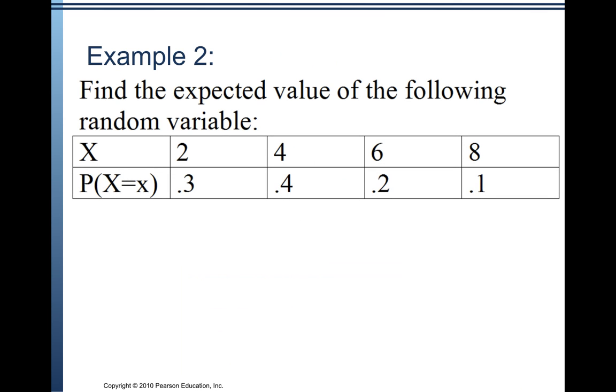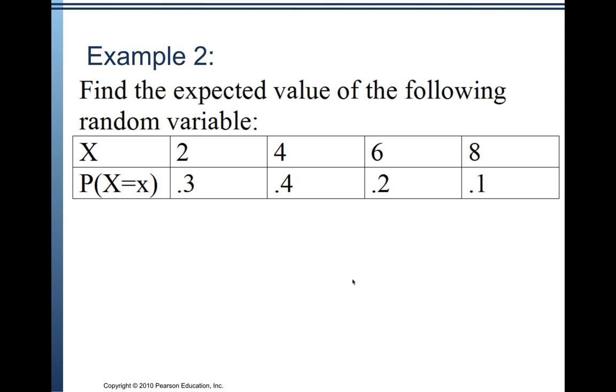Here's an example that's similar to what you'll see in your Math Excel. I took this from the textbook. This is a random variable. These are the possible values: 2, 4, 6, or 8. The second row is the probability. So the probability of 2 is 0.3. The probability of 4 is 0.4, and so on.